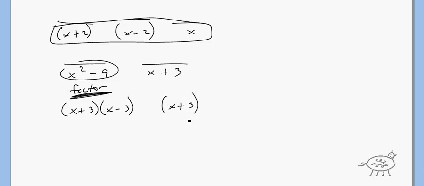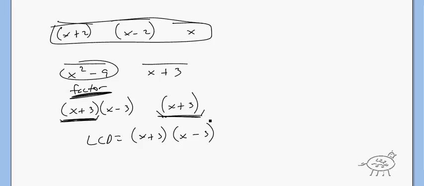What do I have in common here? I have an x plus 3 and an x plus 3. So my LCD is x plus 3, which I only say one time, and what else do I have? An x minus 3. That's my LCD, because the x plus 3 is the common thing, so you list it one time, and then it also has an x minus 3 over here.